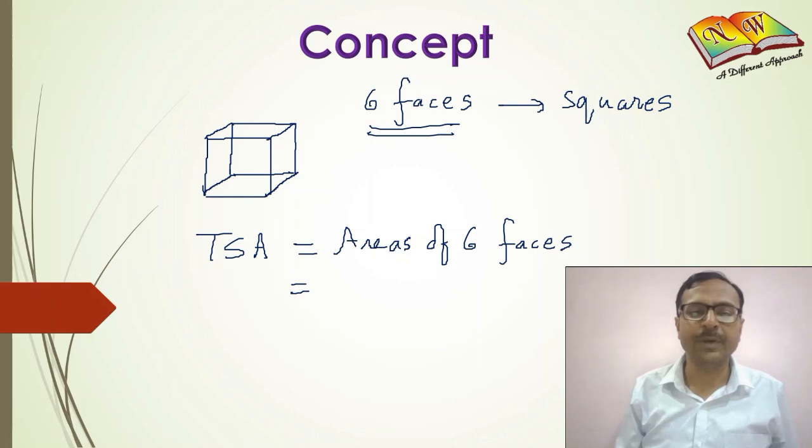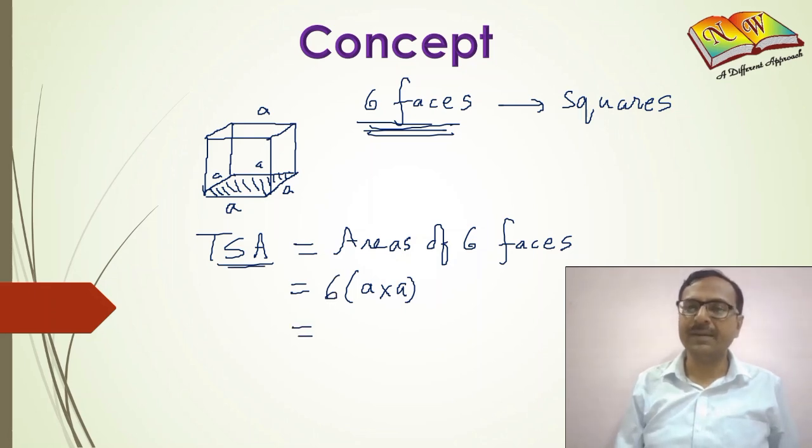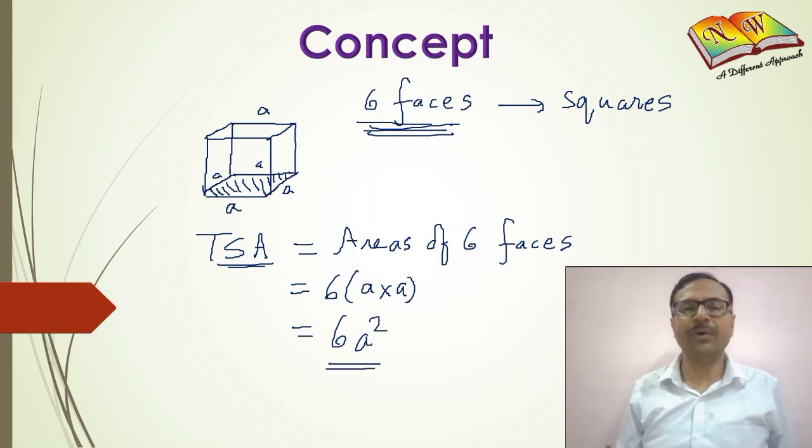If you assume that the side of the cube is A, that means all the length, breadths and the heights, everything is A here, then the area of one of the squares is going to be A times A, that is A square. And how many faces are there? There are 6 faces. So the total surface area will be 6 times A square, which is 6A square. And that is the formula for finding the total surface area of a cube.